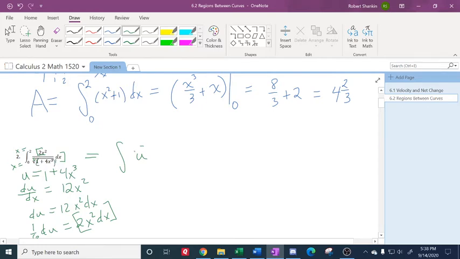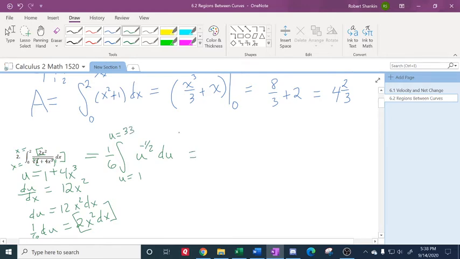This number comes underneath that. So it's u to the negative 1/2, and then 1/6 du. And then I'm going to change my limits. When x is equal to 0, plug it in here and u will be 1. When x is equal to 2, plug it in and I'm going to get 8 times 4 is 32 plus 1 is 33.